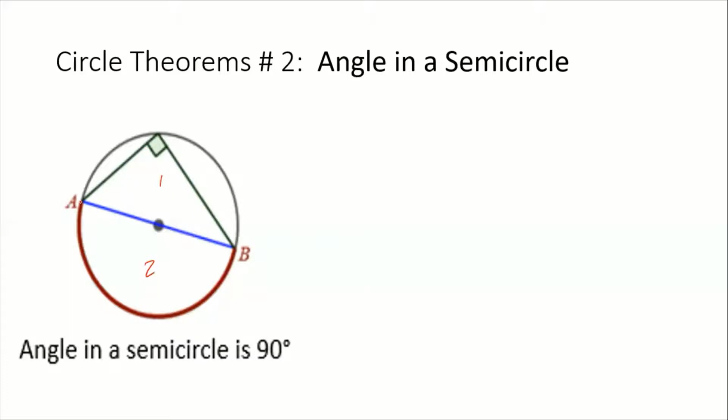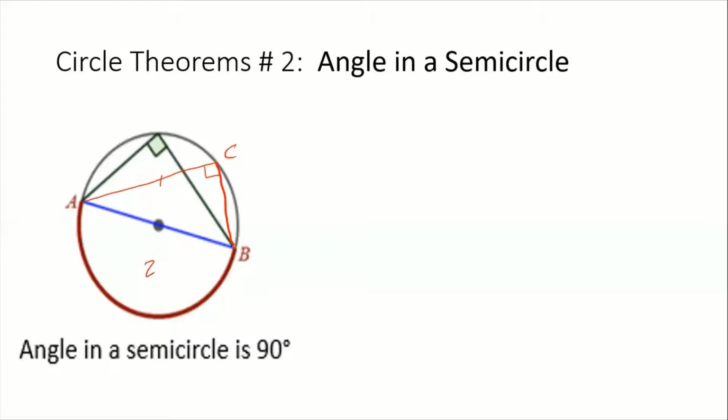So for example, if I draw another line from A to that part of the circumference here and call that point C, and then I draw a line from B to C, then the angle created is going to have a measure of 90 degrees.